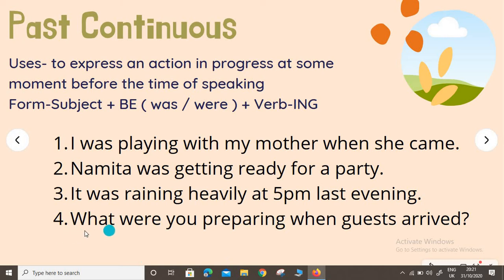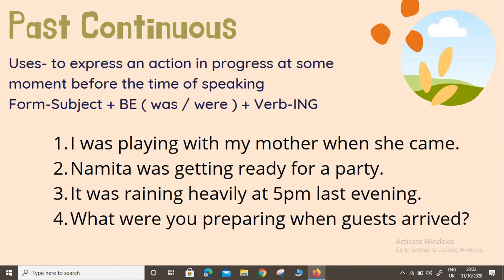Here we have used the question word, but if it is not given, for Namita was getting ready for a party, to make an interrogative sentence, we will place the helping verb before the subject. Was Namita getting ready for the party? And then you put a question mark.